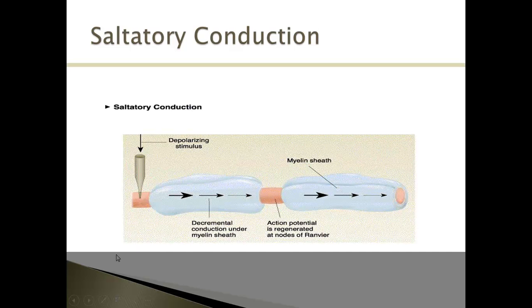The way action potentials work in a myelinated neuron is that the action potential occurs at the node of Ranvier, and like before, the sodium diffuses forward. But because the axon is covered by myelin, the sodium channels can't open, and so the sodium just keeps diffusing.